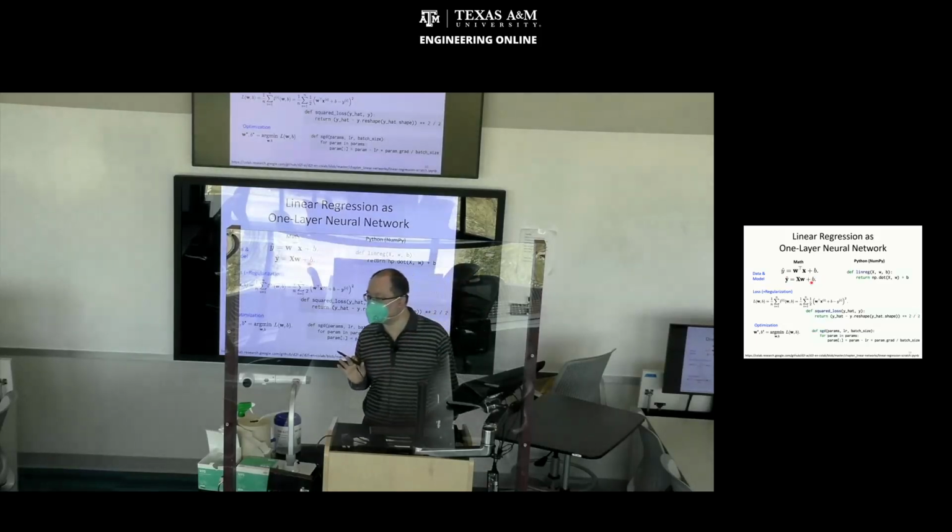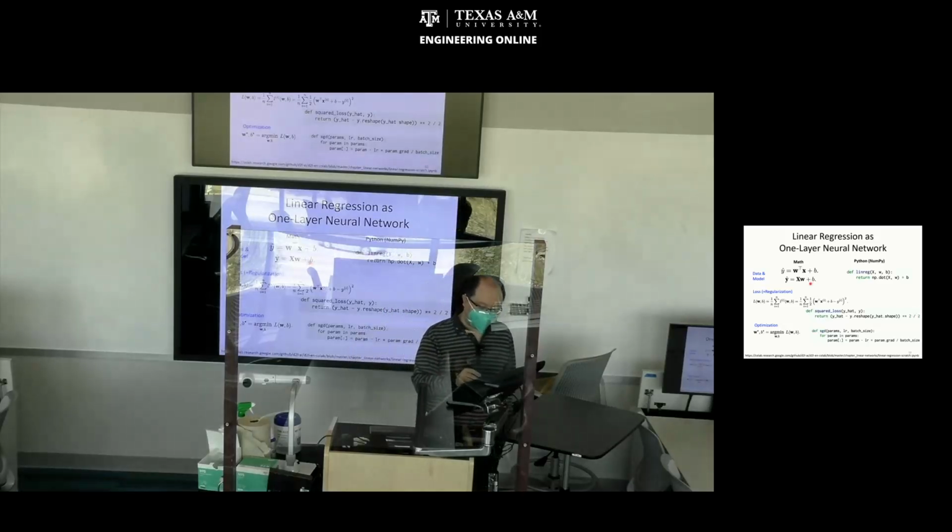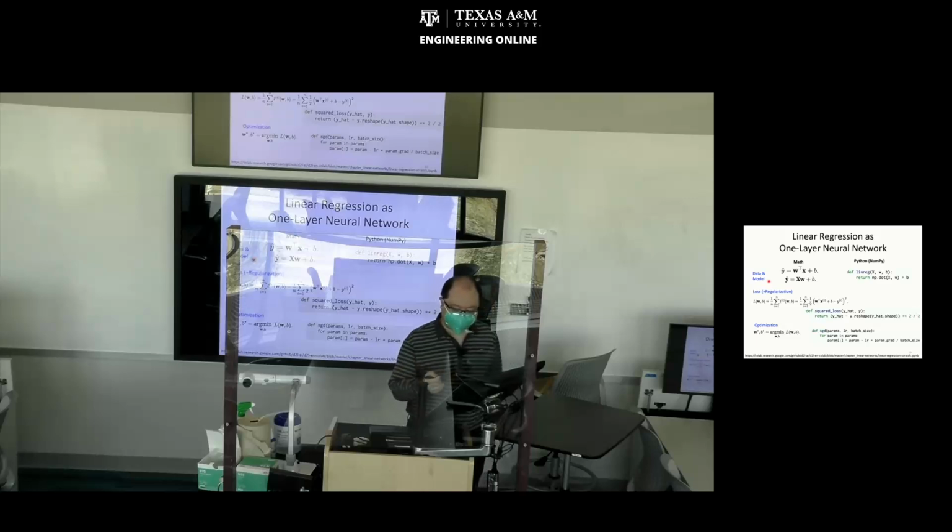A lot of parallelization can be done. Think about how many threads are there within a GPU core. So a lot of things can be parallelized. So in this case, you don't want to write something that's just a sum over all the example i's like this. That's not a good idea, right?